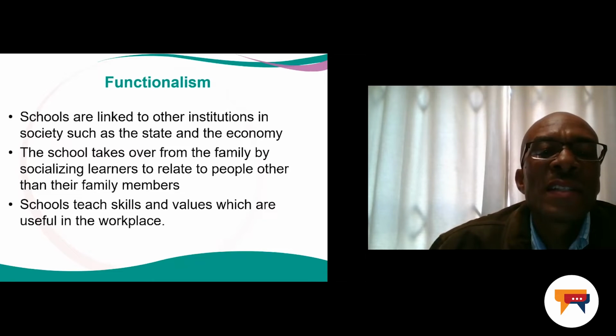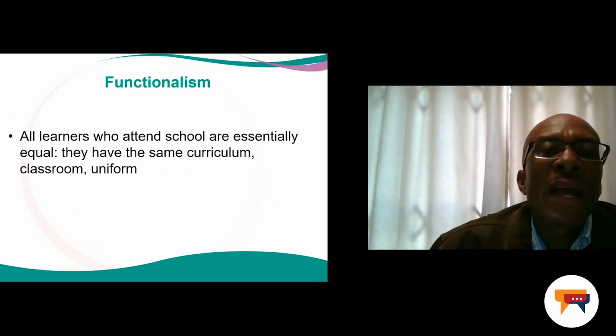Schools teach skills and values which are useful in the workplace. All learners who attend school are essentially equal in the sense that they have the same curriculum, classroom, and uniform.